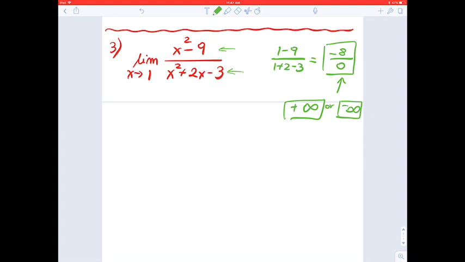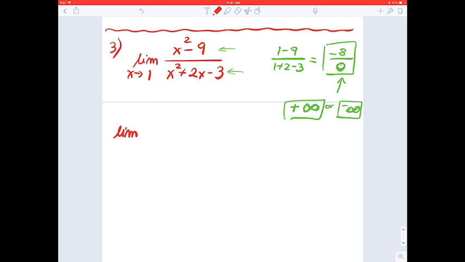That means the answer must be a big number, arithmetically of course, dividing a finite number over a small number. That small number 0 will give me a positive or negative big number. That means let's investigate.